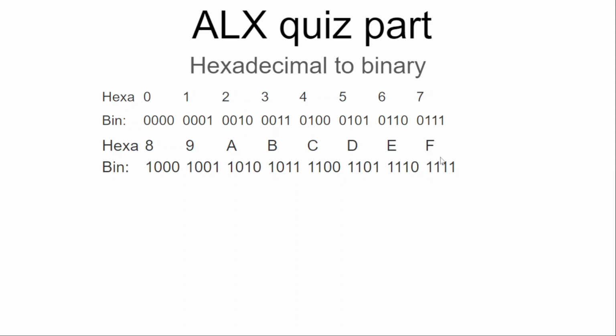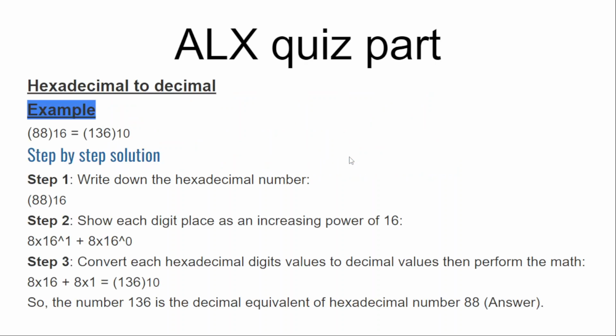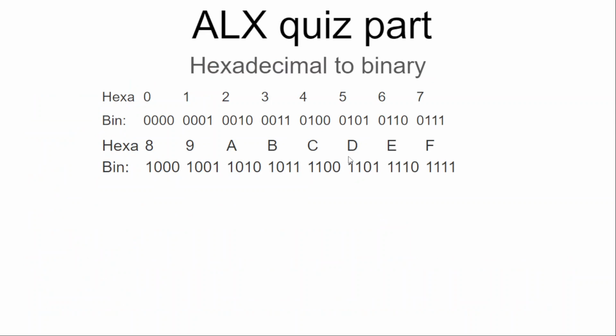So A is 10, B is 11, C is 12. They are put in hexadecimal base. So hexadecimal numbers change to binary in this way.